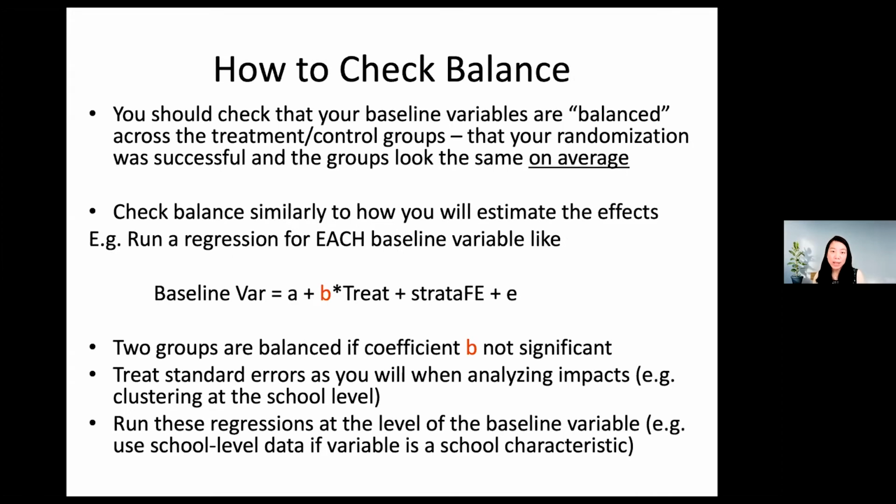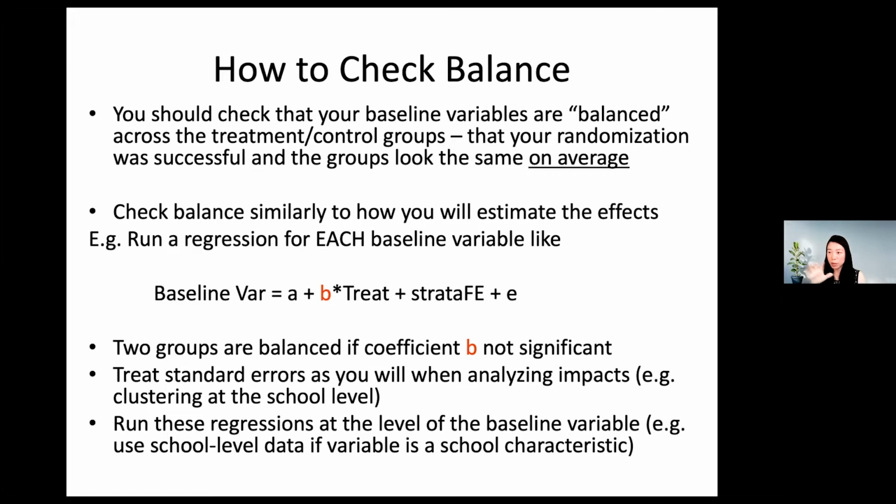So how do you check the balance? This is basically how you make sure the two groups are identical. What this means is you want to make sure that the two groups look the same on average. So say, for example, in this eyeglasses experiment, we randomized at the school level.